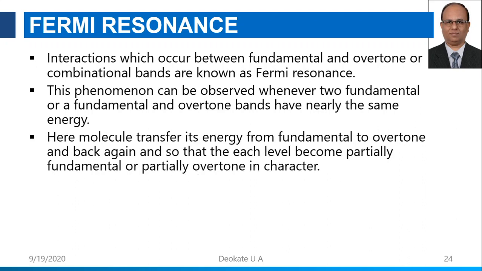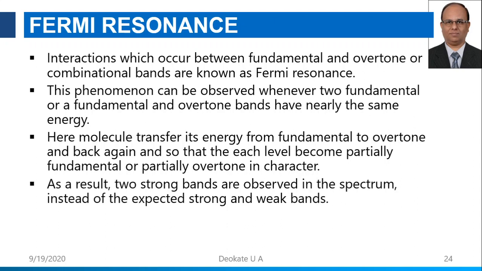Here, the molecule transfers its energy from fundamental to overtone and back again, so that each level becomes partially fundamental and partially overtone in character. As a result, two strong bands are observed in the spectrum instead of the expected strong and weak bands.